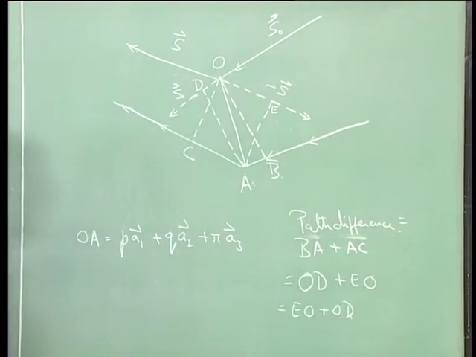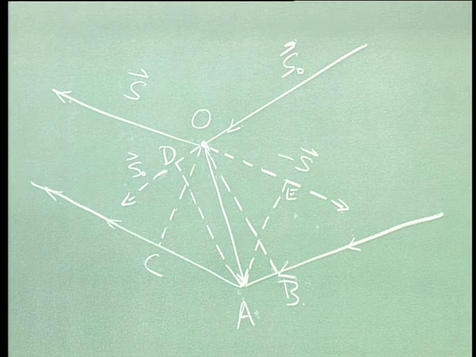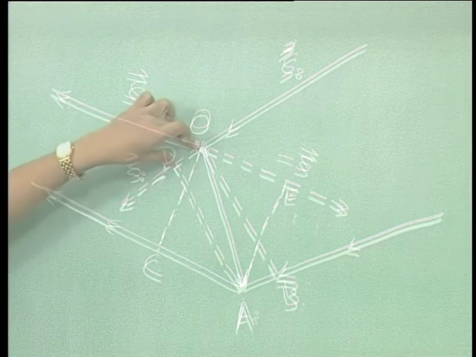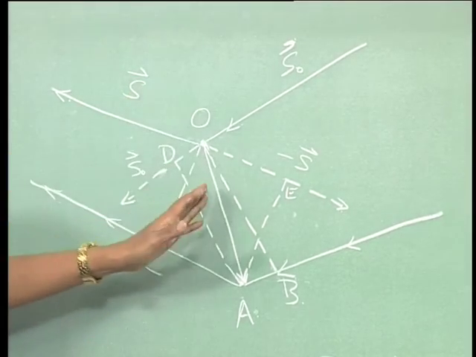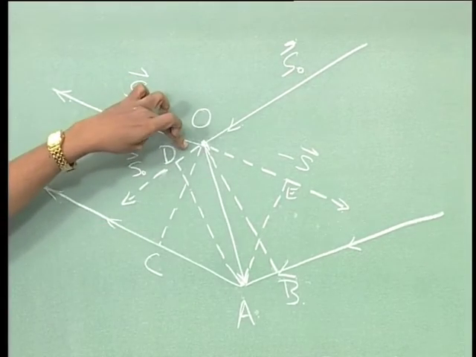So this is the path difference, this vector A, fine, OA. If you look at what OD is, it is the component of OA along this direction. So there is some angle theta here, so OA cos theta is what OD is.